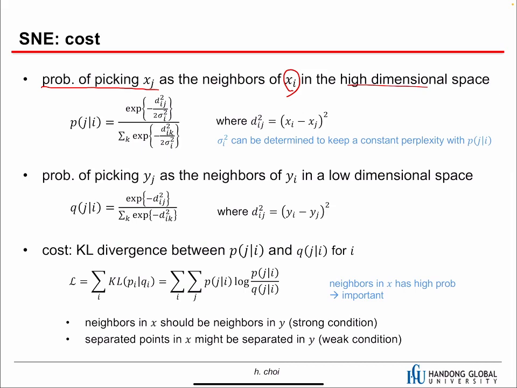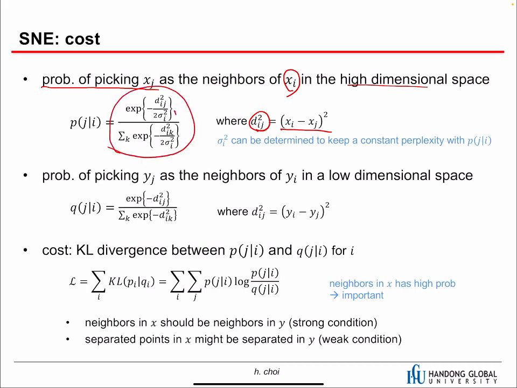Actually, we use a distance first. In this case, it is just the Euclidean distance, or if you want, you can come up with other kinds of dissimilarity, but let's say just the Euclidean distance. And then this is our distance squared. And when we have a distance, then we can define the probability in this way.